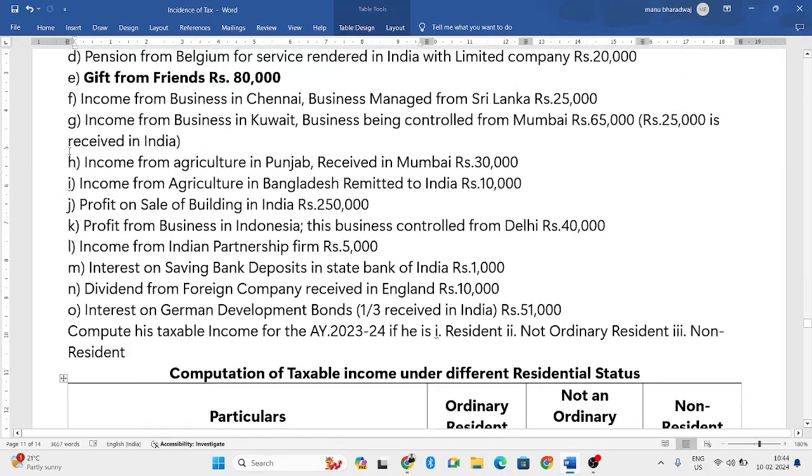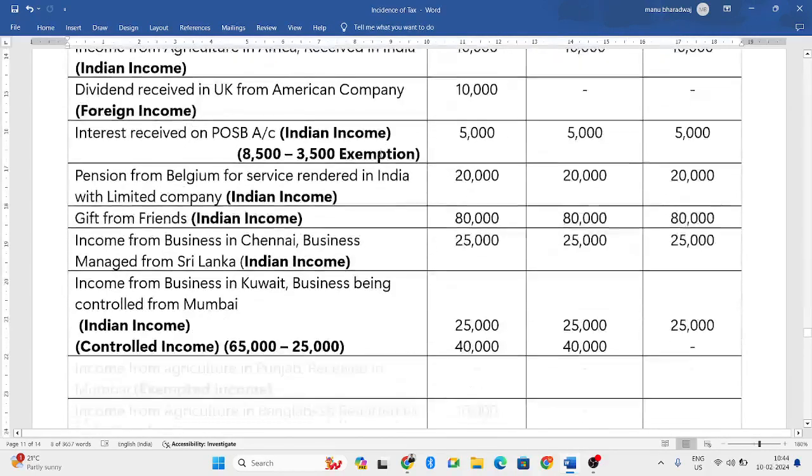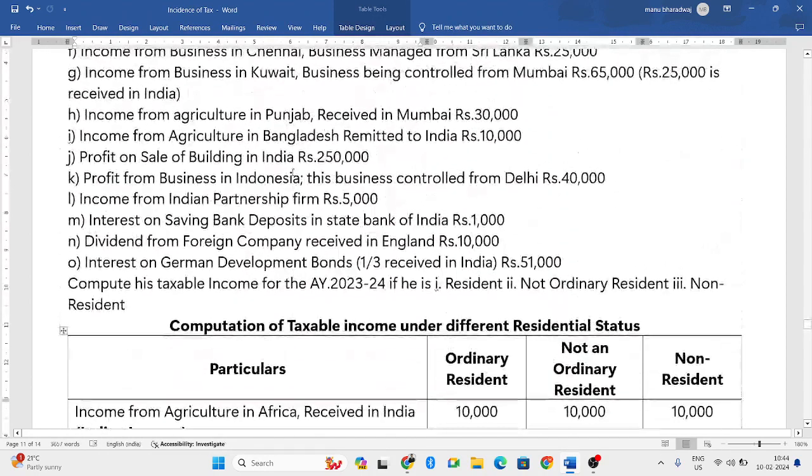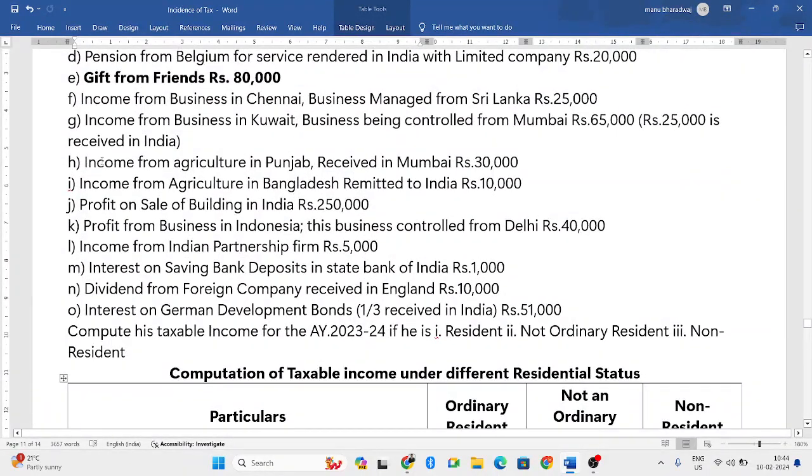Next. Income from agriculture in Punjab received in Mumbai. So both are in India. The arising aspect and receiving aspect are both in India. When it is both in India, all the three people will be taxable because we will consider it as Indian income. But carefully analyze the question. Income from agriculture.